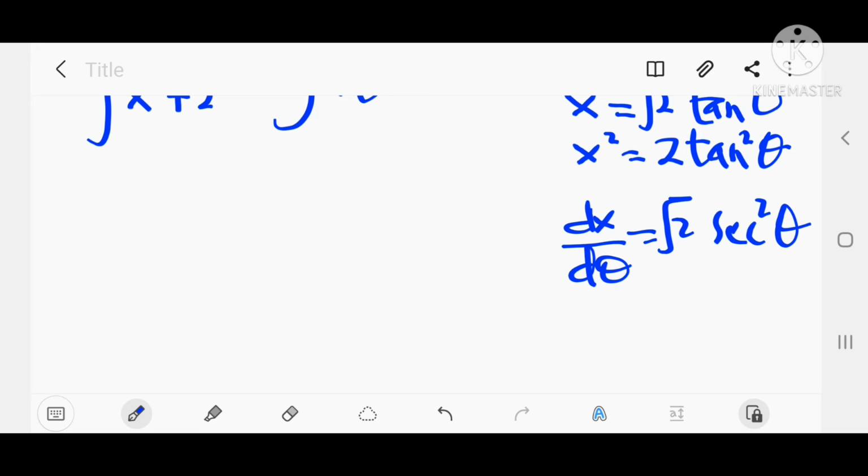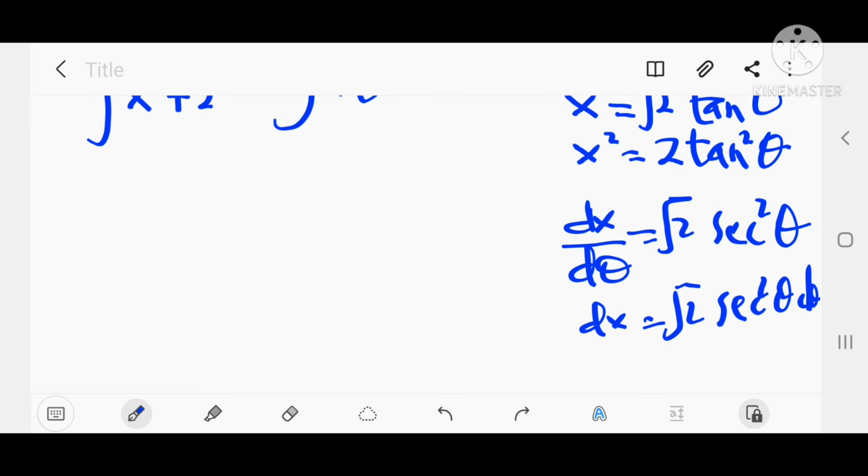That means our dx will be equal to square root 2 sec square theta d theta.